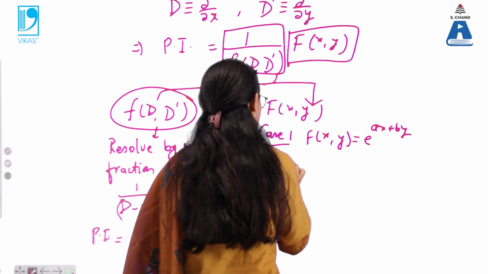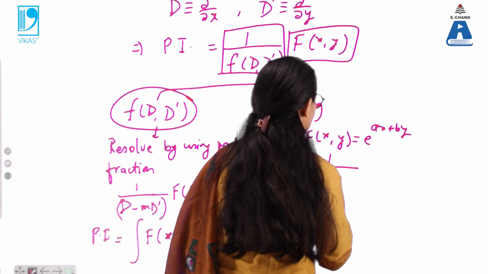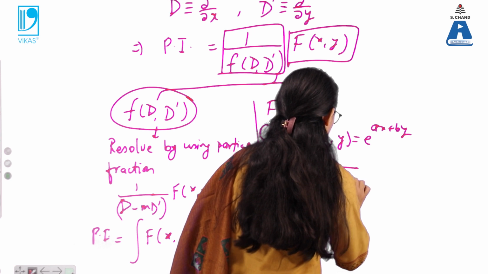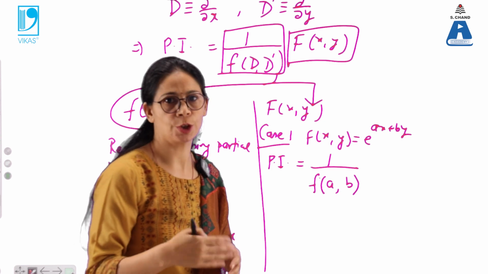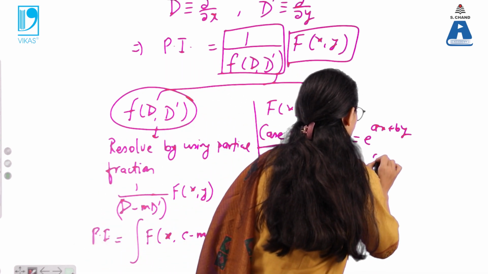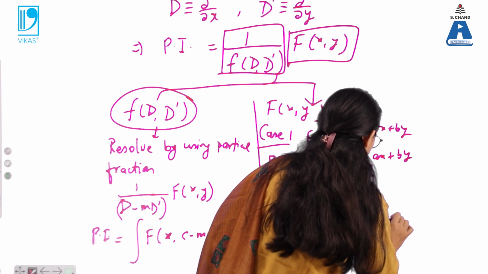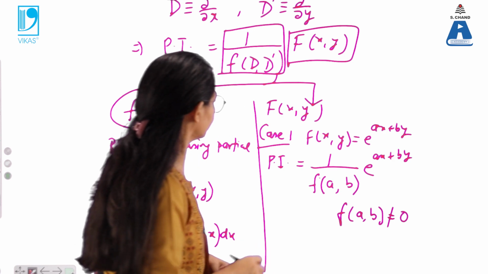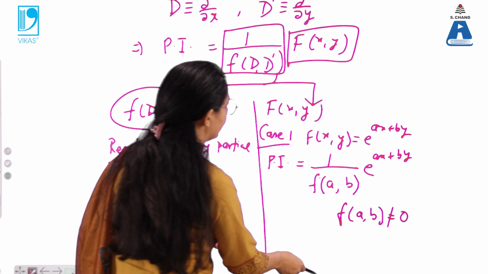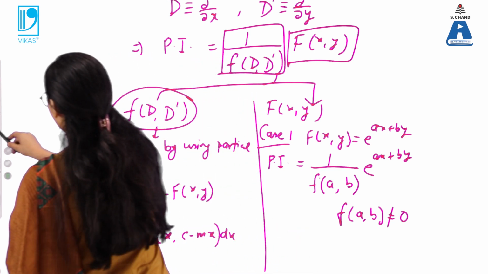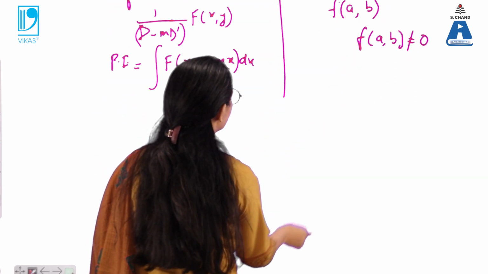In that case, the particular integral will be found by replacing D with a and D' with b, that is, D with the coefficient of x and D' with the coefficient of y, giving e raised to the power ax plus by over f(a, b), provided f(a, b) should not be 0. So this is case 1 for f(x, y). If it is e raised to the power ax plus by, then the particular integral can be found using this.